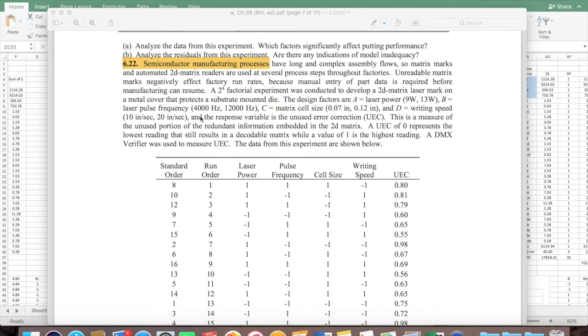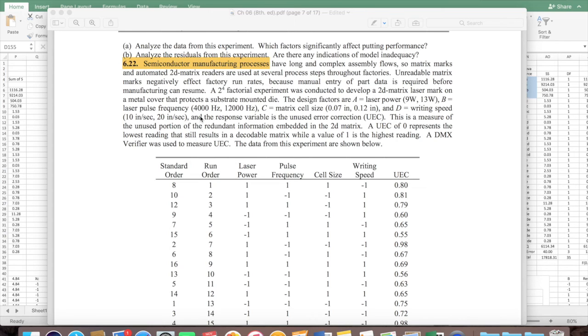As we saw in the videos, a laser is used to make a mark on semiconductors, and then a reader verifies these marks. To verify these marks, a measure called unused error correction is used, and as the problem states, it goes from 0 to 1.